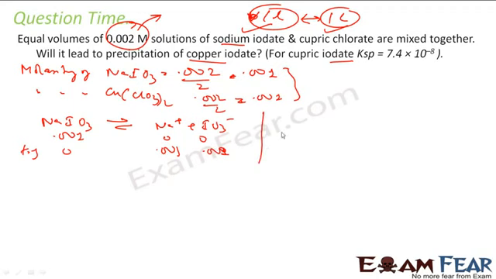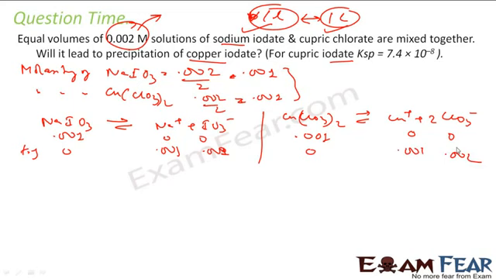Same thing for Cu(IO3)... sorry, for CuCl2, which gives Cu 2 plus and 2 Cl minus. This was 0.001, and these were 0. This becomes 0, this becomes 0.001, and this becomes 0.002, twice. Now these will be the concentrations.